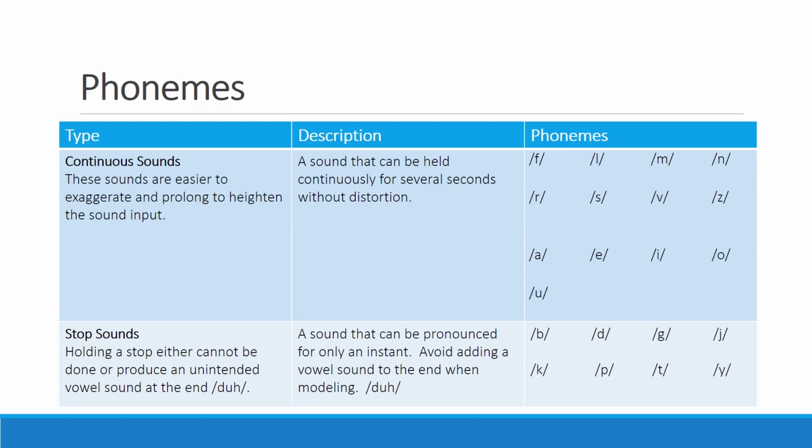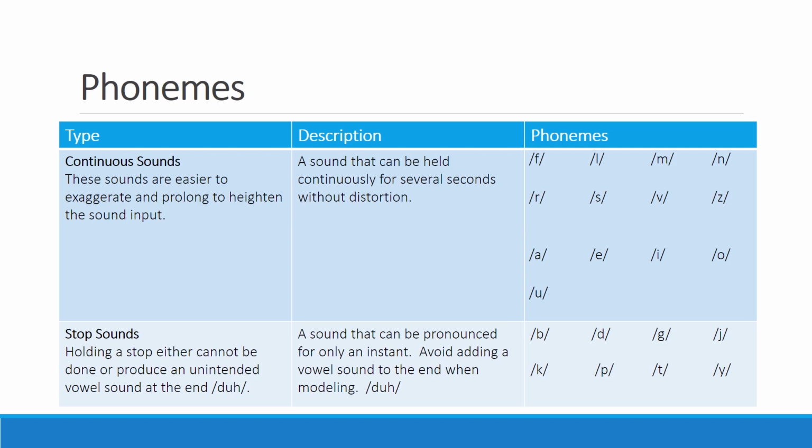Phonemes can be divided into two basic categories: phonemes that make continuous sounds and those that make stop sounds. Continuous sounds are sounds that are easier to exaggerate and prolong to heighten the sound input. The sound can be held for several seconds without distortion. S or m are examples of continuous sounds.